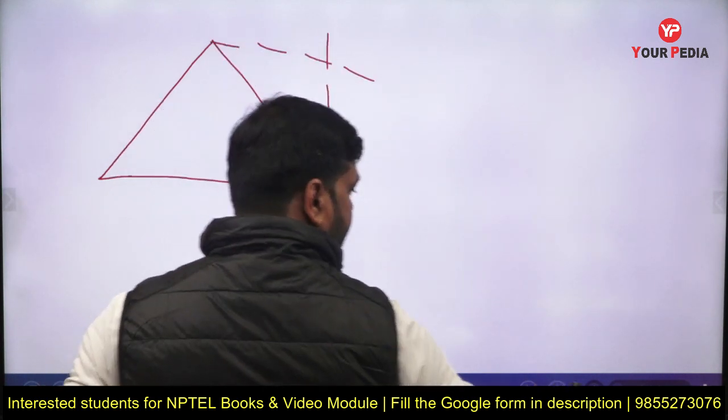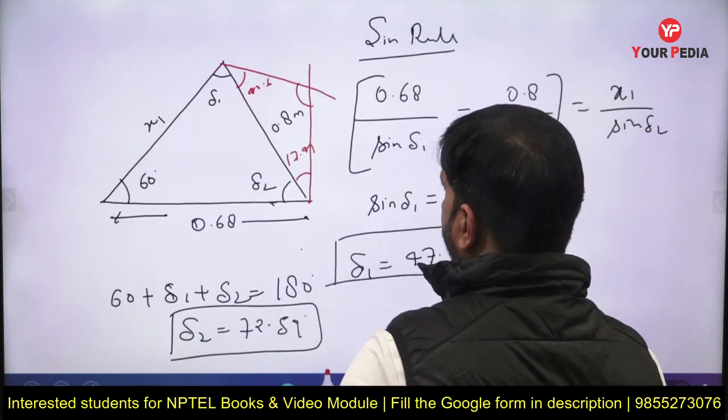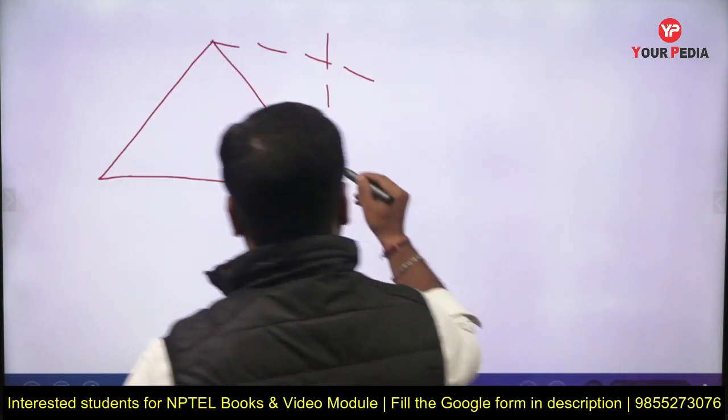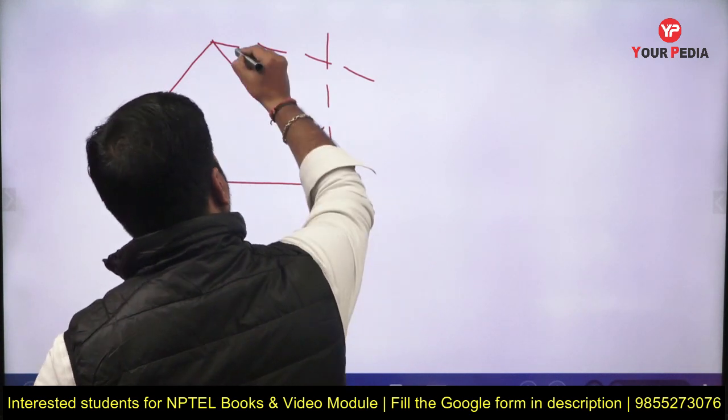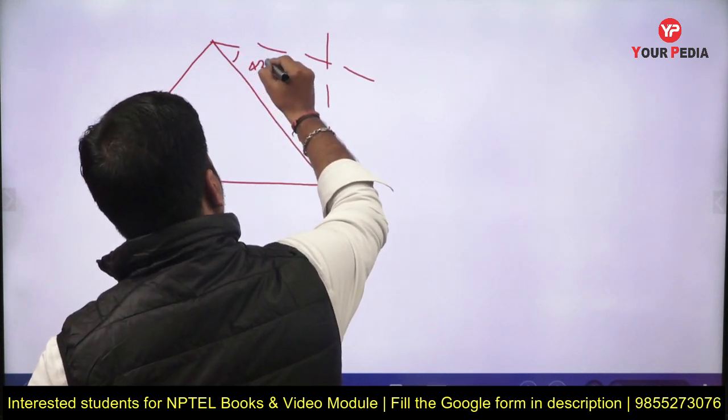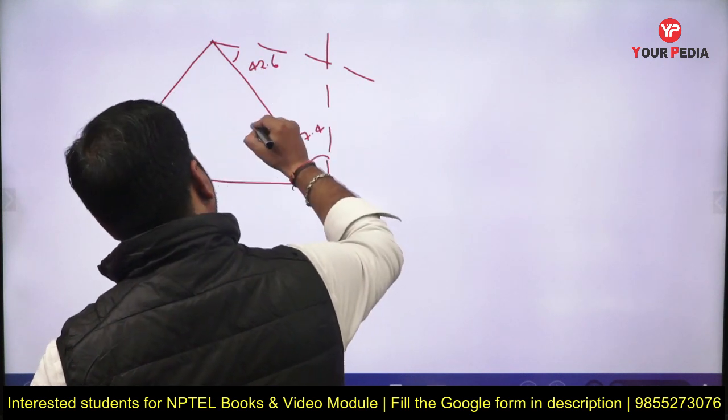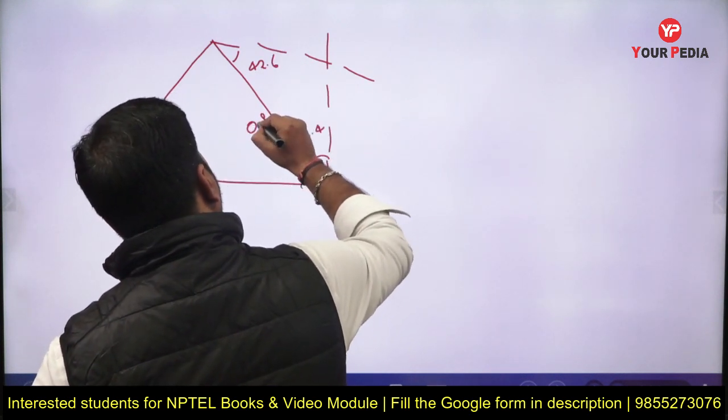This angle is 17.4 and 42.6, and this is the length of the member that is given as 0.8.